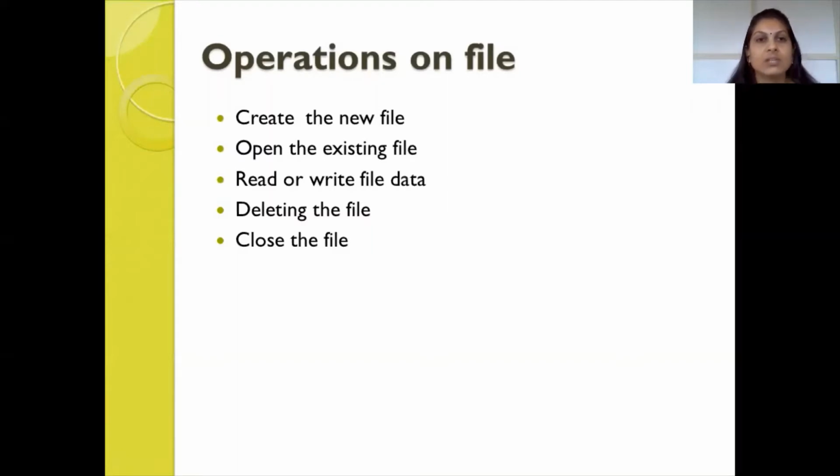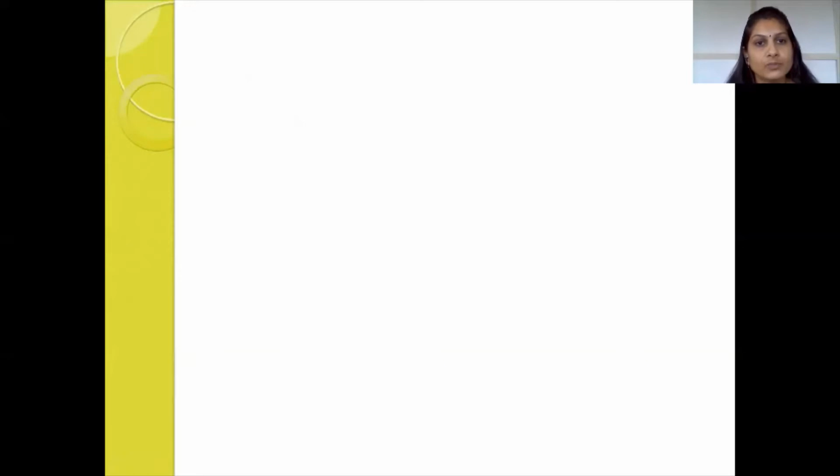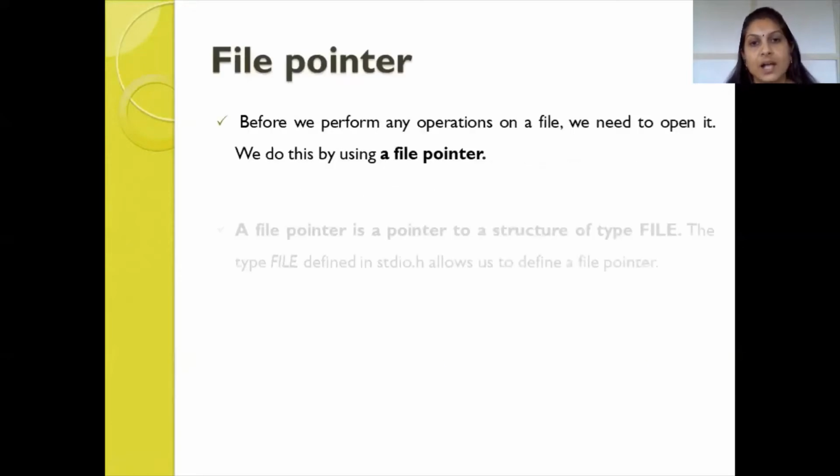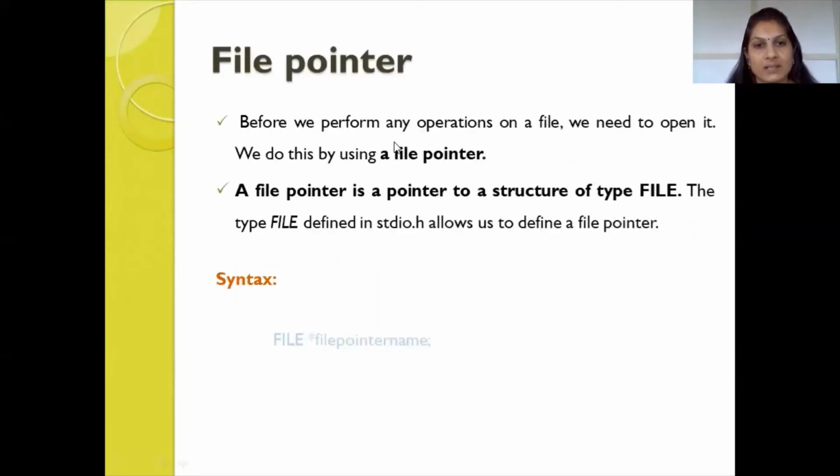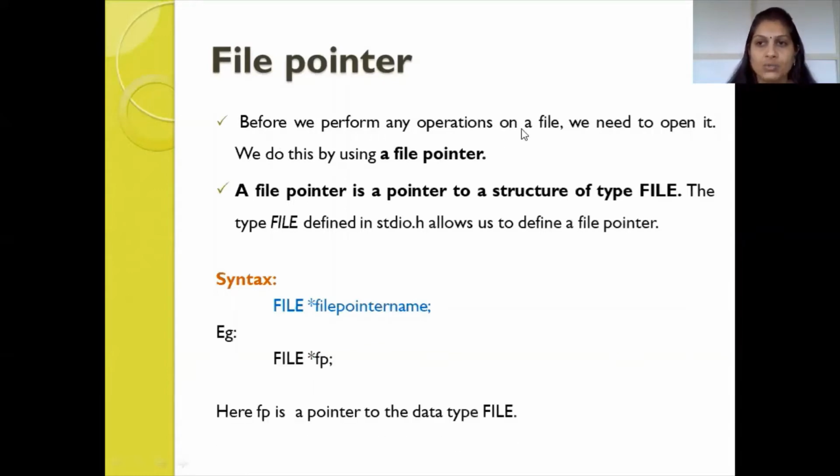Now let us start one by one. The first is how we open the files. Before performing any operations, open, close, read, write, we need to open the file. And for that we need a file pointer. So first of all, what is a file pointer? A file pointer is nothing but a pointer to a structure of type FILE.